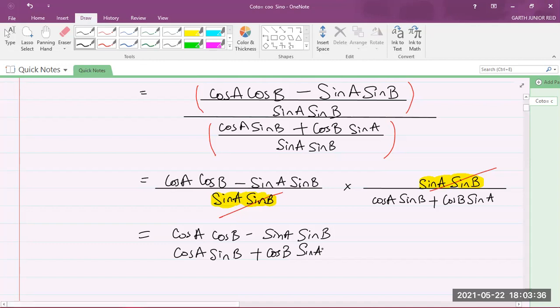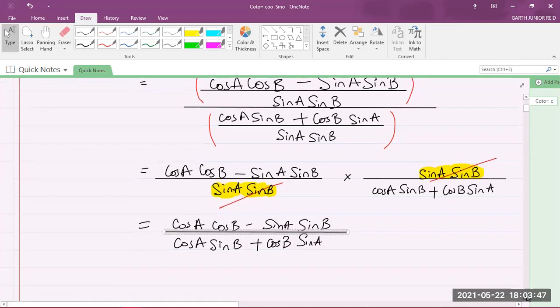Let me put the line here to show that we are dividing. Good, so let us now continue. Let me scroll down here.